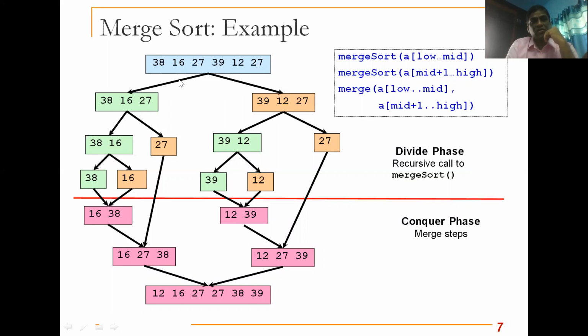Calculate like this: mid is equal to 0 plus 6 by 2, and then show it dividing at that mid into the first half, and after mid into the second half. At each level, show that calculation of mid over these arrows, and write down the indexes at each level of this division operation: 0, 1, 2, 3, 4, 5, and so on. Take your own example, any random input, and try to apply this merge sort algorithm to get to the final sorted list. Thank you.